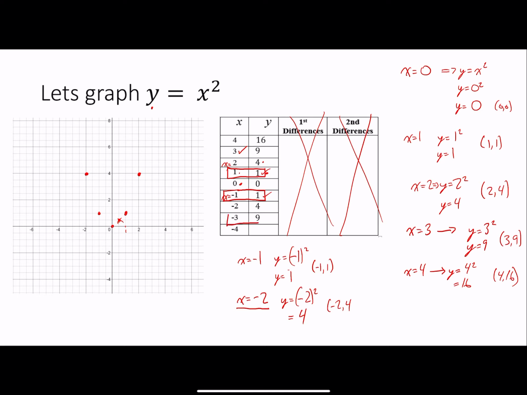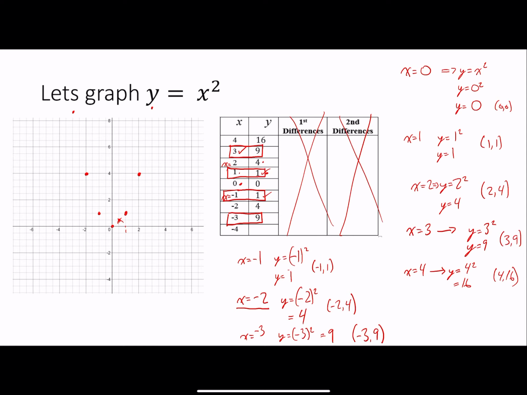And what we'll notice is if it's positive or negative in this case, it's almost like it's symmetric, because x equals minus 3, y equals minus 3 squared. Well, that's just equal to 9. Our point would end up being (-3, 9). And that would be about here. So you notice a kind of symmetry.